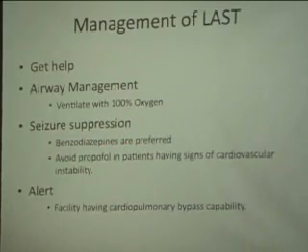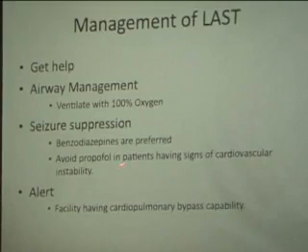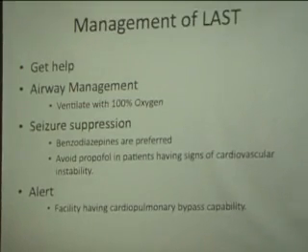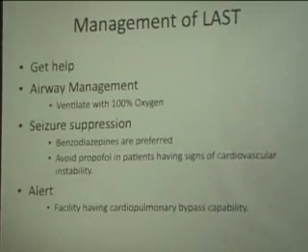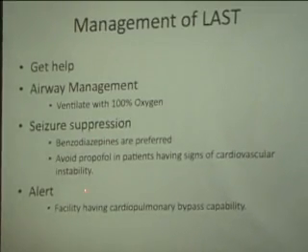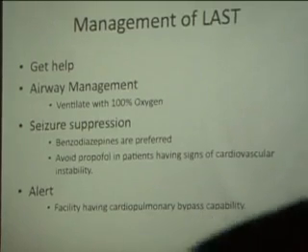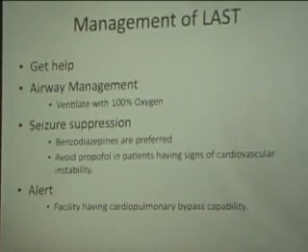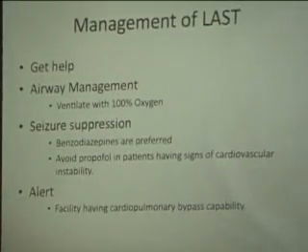If you don't have benzos available, you can use smaller doses of propofol to suppress the seizure, though in patients who have cardiovascular toxicity and have hypotension or cardiovascular collapse, propofol is not advised. So benzos are the preferred method. And if you have a facility close by where you can put the patient on cardiopulmonary bypass, you should alert them of the possibility that you have a patient with toxicity who might have to be put on bypass.